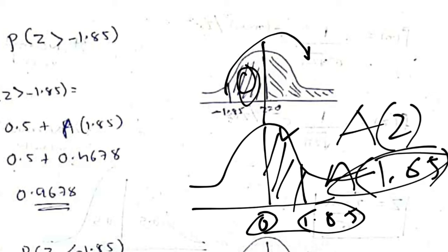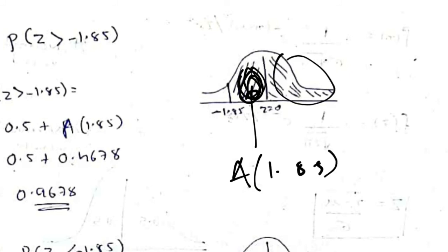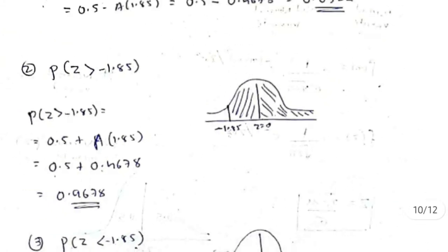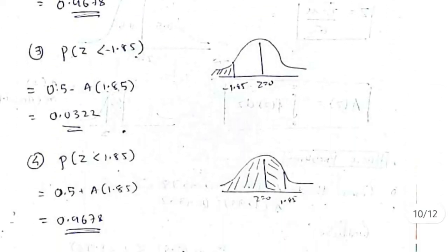By using A of 1.85, we can find this area and substitute it here: A of 1.85, and we add 0.5. So that's what we are doing here, 0.5 plus A of 1.85. That will give us the final answer. These two values of A are given in the question. By using these two values we'll be finding the answers to the questions asked in the exam.